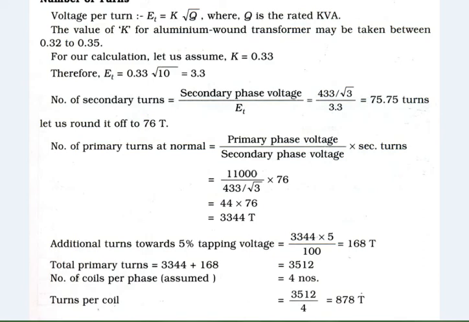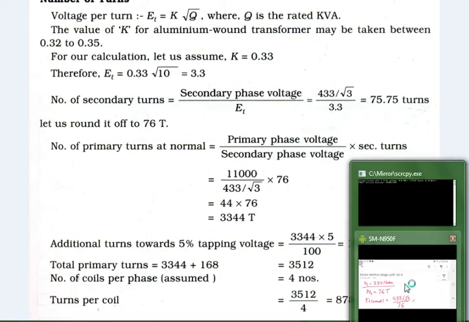So the actual ET will be equal to 433 divided by root 3, divided by 76. I hope this is clear.